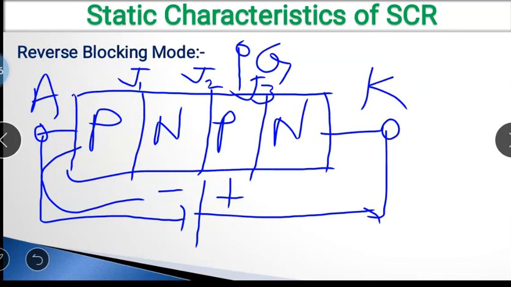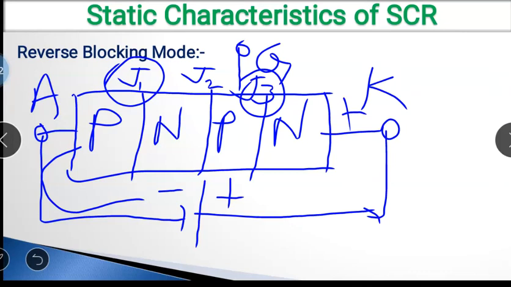So junction J1 is in reverse bias and junction J3 is also in reverse bias, because it is also connected in positive and negative in the same way.